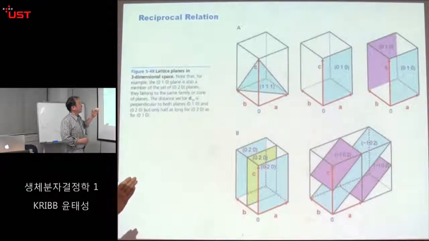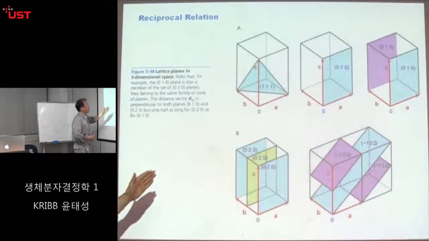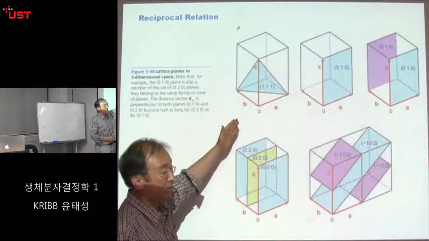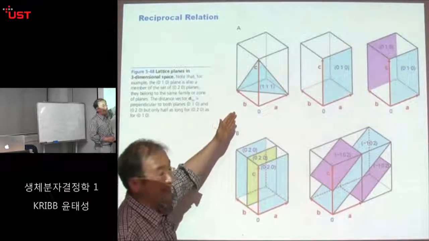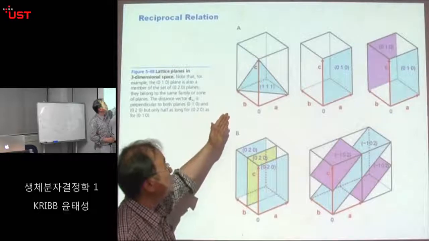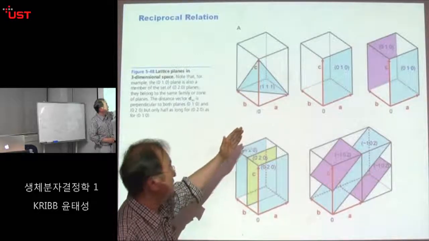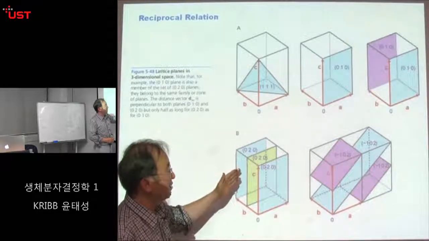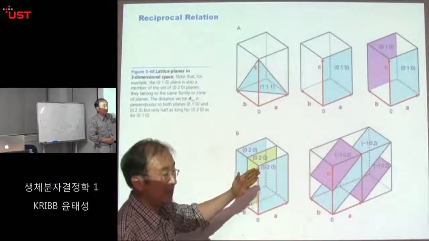Intrinsic symmetry in any kind of crystal is P1. Here we have A, B, C, alpha vector and corresponding plane. So-called in general, here the 1, 1, 1 plane, 0, 1, 0 plane, 0, 2, 0 plane, minus 1, 0, 2 planes are drawn.